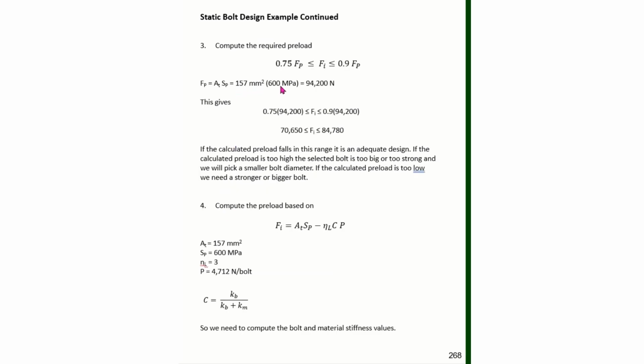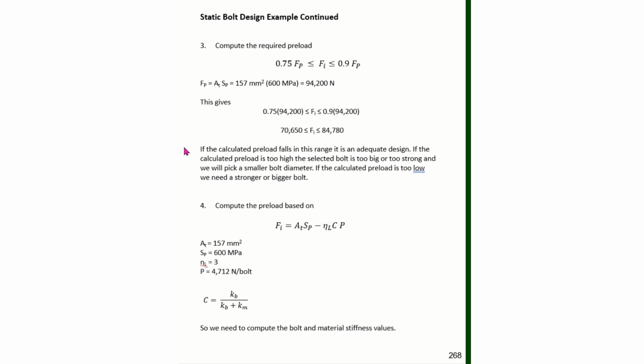So here we'll use 600 as the proof strength, and we compute our proof load as 94,200. So coming and plugging that into our range, we want our bolt range to be between 70,000 and 85,000.